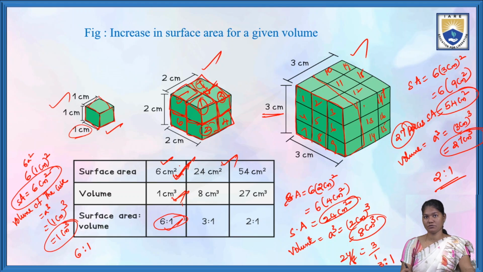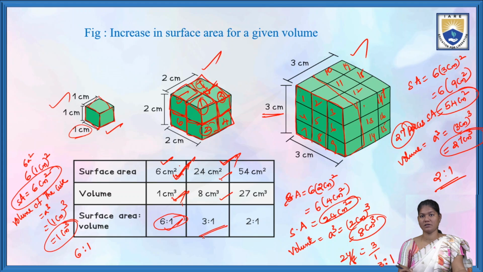When coming to reducing the size of the particle material, the same cube with the same volume, when divided into 8 pieces, then the surface area is increased, that is 24 centimeter square, and the volume is 8 centimeter cube.